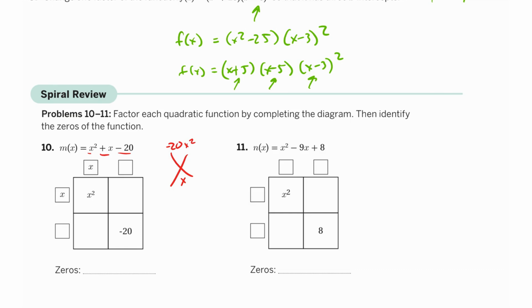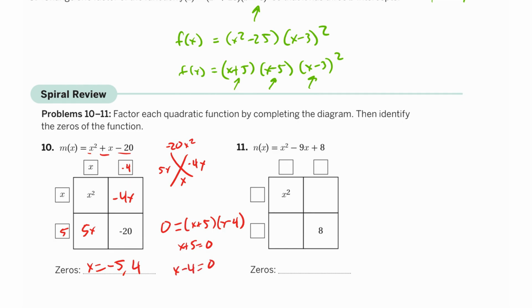And so in that one, I would say that would be 5x and negative 4x, which means this has to be negative 4, this has to be 5. When I set that equal to 0, I end up getting my 2 solutions of negative 5 and positive 4 because I use the 0 product property and set each of them equal to 0.